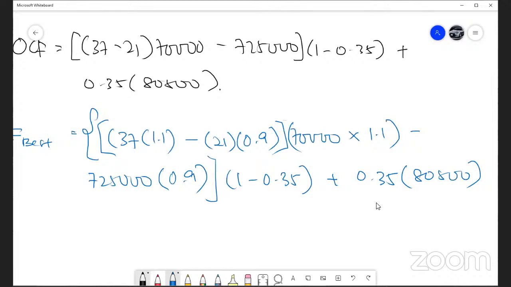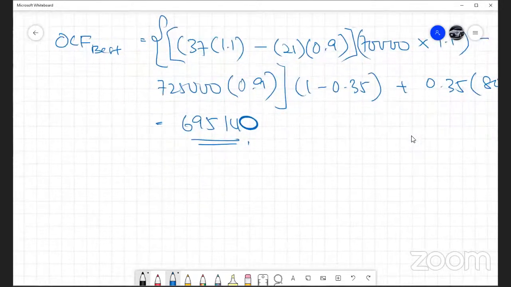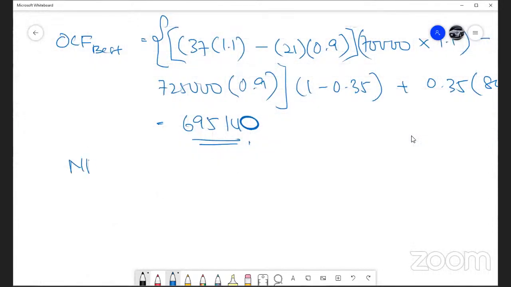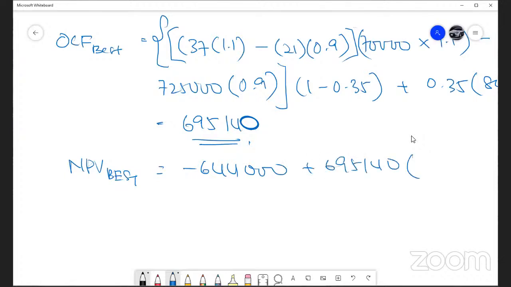This is the best case scenario, plus minus 10%. So your new OCF of your best case scenario is 695,140. With this figure, they want you to find the NPV of the best. You can use a standard: negative 644,000 plus 695,140 PVIFA.